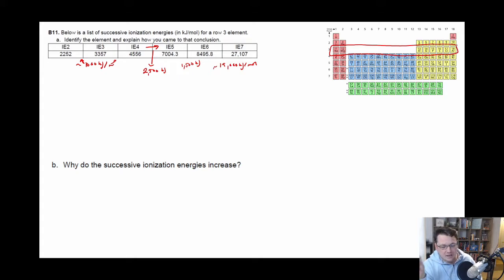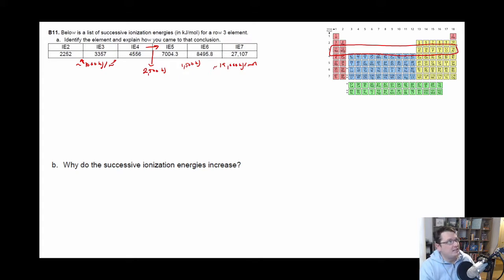That's telling us that we're starting to break up fully filled or half filled orbitals, or we're switching from a P to an S, or P to a D, or something along those lines. You're still in the same row, but now you're taking out fully filled orbitals. So those are the jumps that we're seeing there.